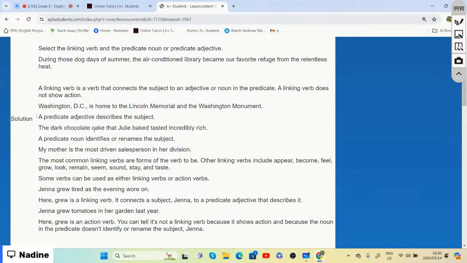Then if you look at another example, it says a dark chocolate cake that Julie baked tasted incredibly rich. And then we can say within that sentence that a predicate noun identifies or renames the subject.